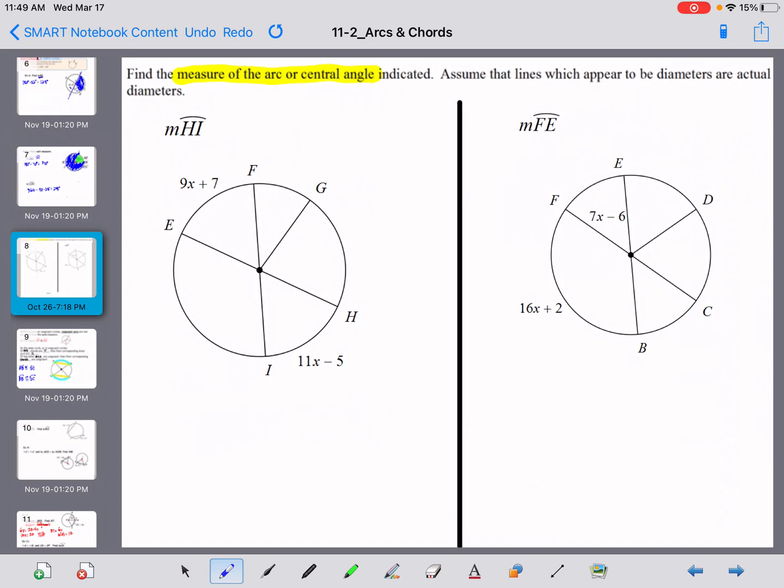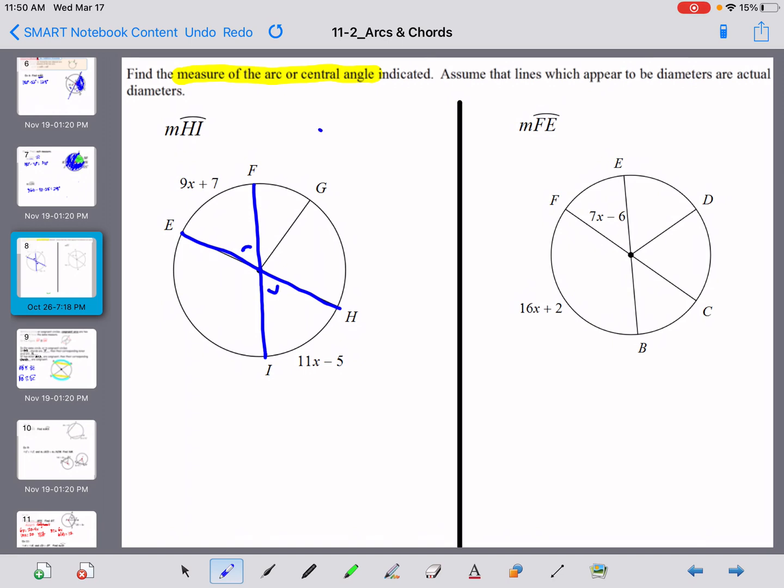Find the measure of the arc or central angle indicated. Assume that lines which appear to be diameters are actual diameters. All right, so this looks like a diameter, and this looks like a diameter. What kind of angles would these be? Do you remember?